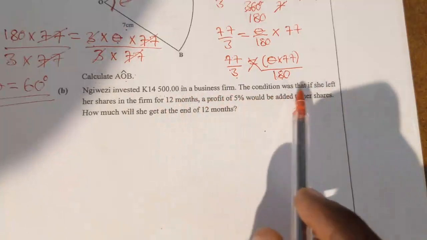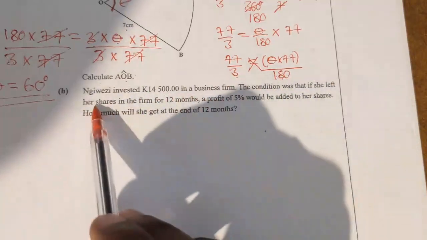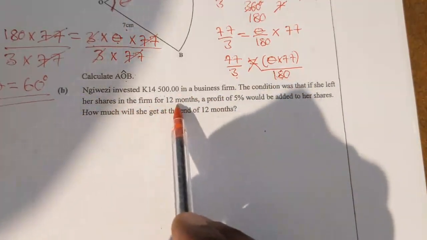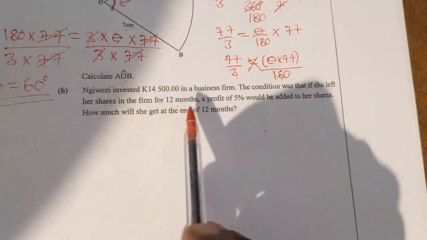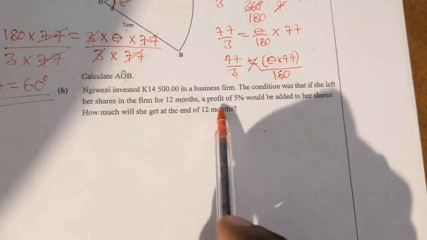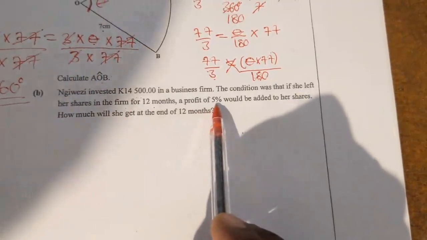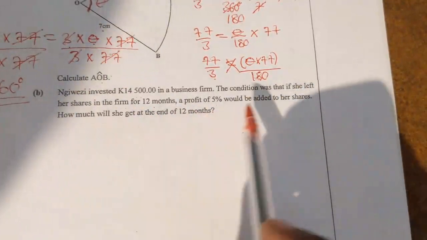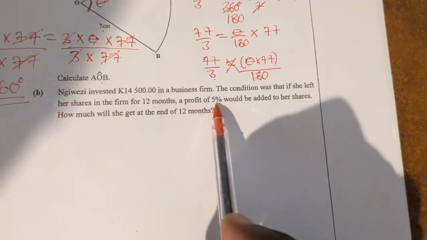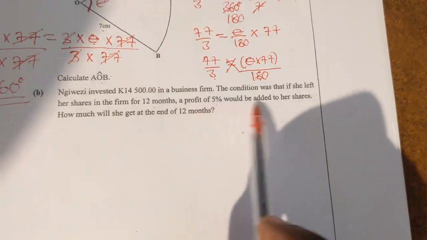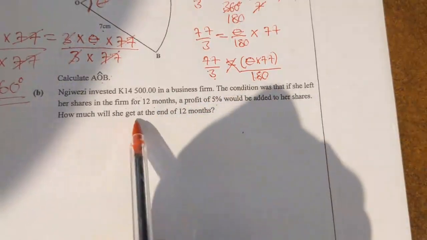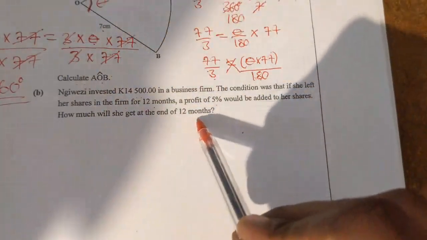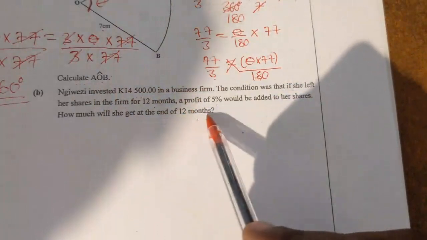The condition was that if she left her shares in the firm for 12 months, which is just 1 year, a profit of 5% will be added to her shares. How much will she get at the end of the year, which is 12 months, all right?